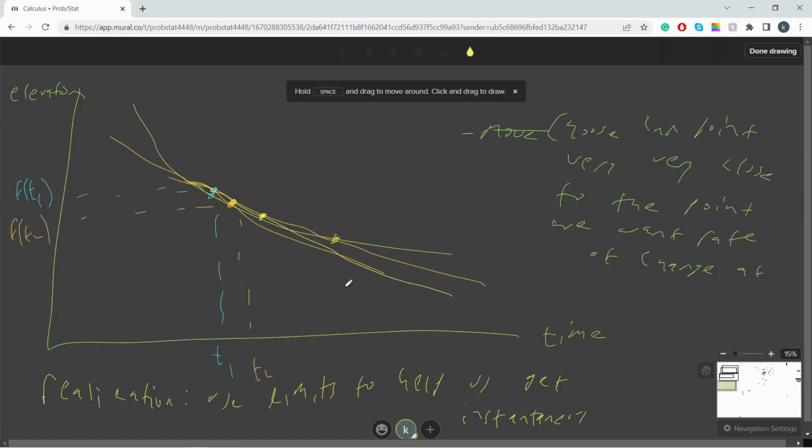So now the limit can help us give a proxy for at t1, what is my rate of change in elevation? And now we've kind of taken the fact that to find the rate of change, we need 2 points and manipulated the second point in a way such that we can get an approximation for what is this rate of change at the single point.